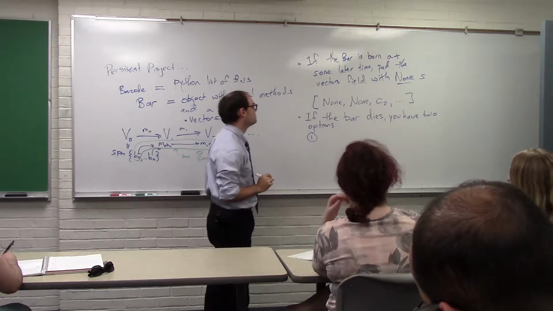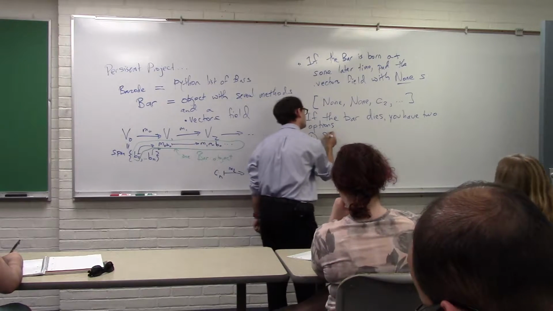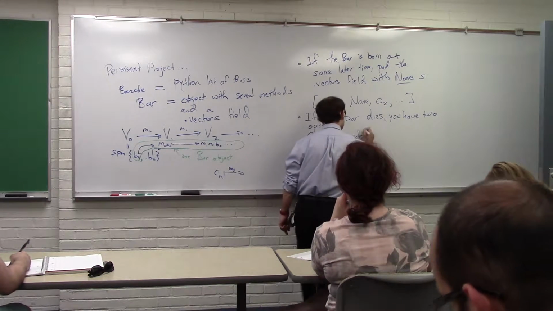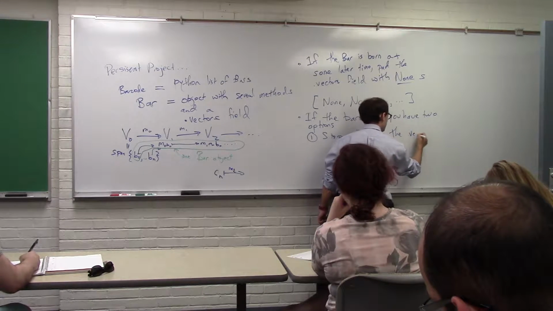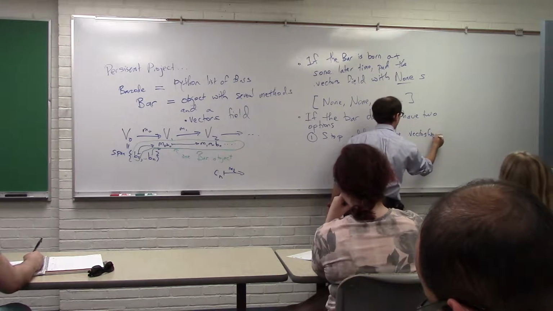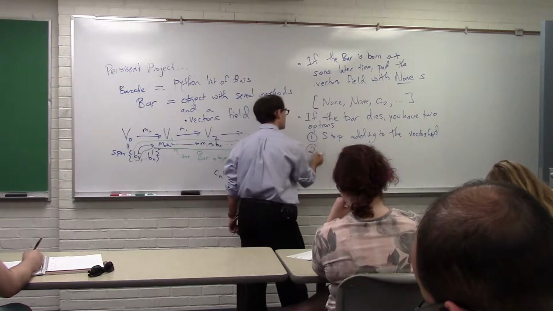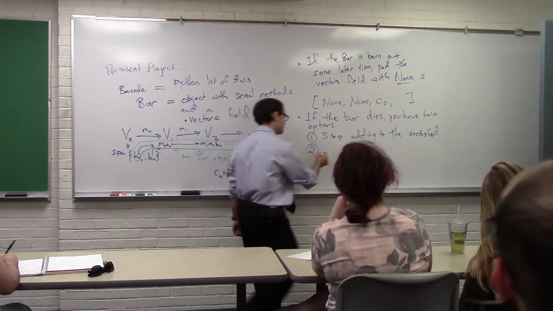Option number 1 is just stop adding to the vectors field. The other option is just append Nones.